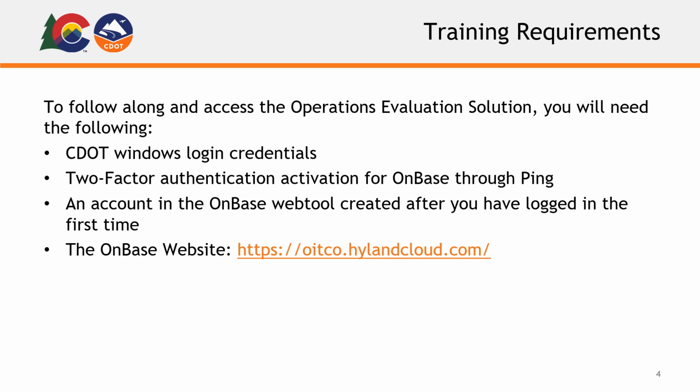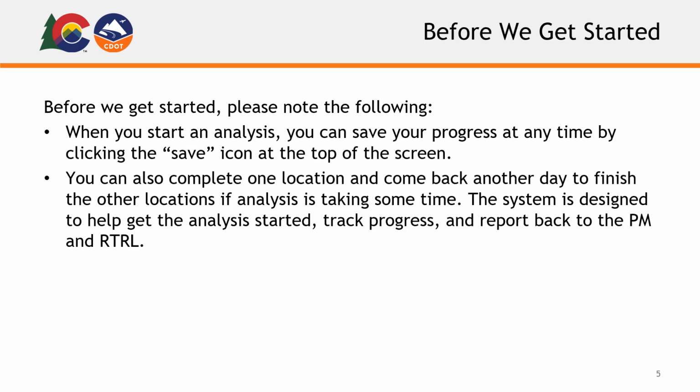This training video assumes that you have watched the basic overview and login video. If you have not logged in or watched the video, please do those tasks before you proceed.